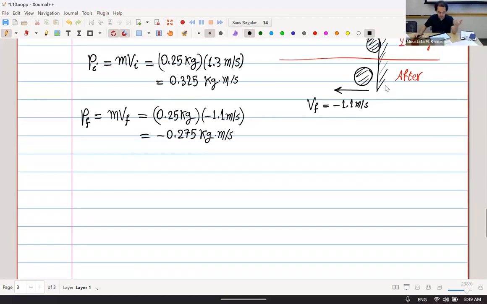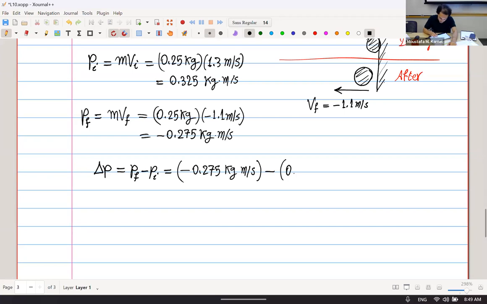This is the initial momentum. This is the final momentum. So if we want to calculate the change in momentum, this is final minus initial. So this is negative 0.275 kilogram meter per second minus 0.325 kilogram meter per second. And if we calculate that, we get negative 0.6 kilogram meter per second.